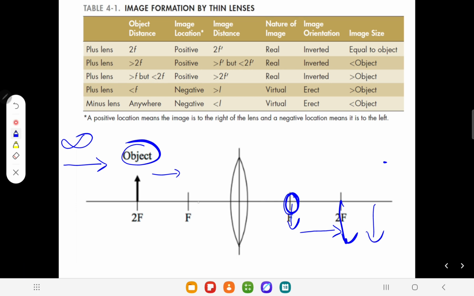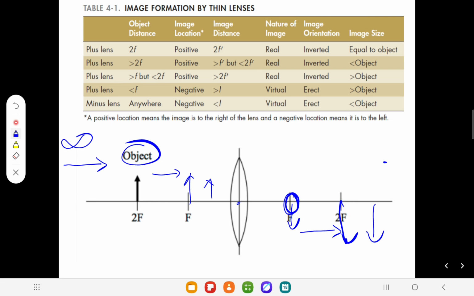And when we just keep it at the focal length, what happens? Now one thing significantly changes, that the image will be virtual and erect. And whenever we are within f, at the vertex of the lens, the same thing, the image is erect and definitely magnified. That's an important point.